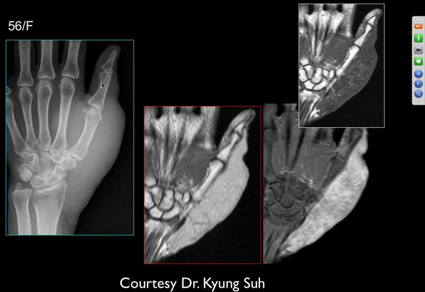All right, so we have radiographs of the hand showing a soft tissue mass, and it's slightly hypo-intense to fat, but it's hypo-intense to muscle. It's hyper-intense on, I guess this is, probably, yeah. And I'm not really seeing the extensor tendon very well. So a giant cell tumor of the tendon sheath would be really big.